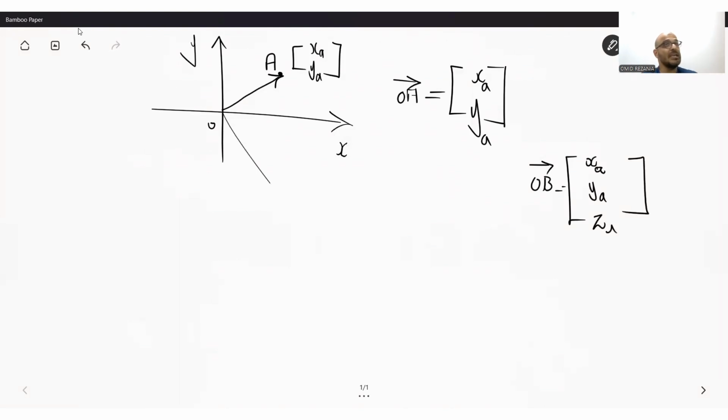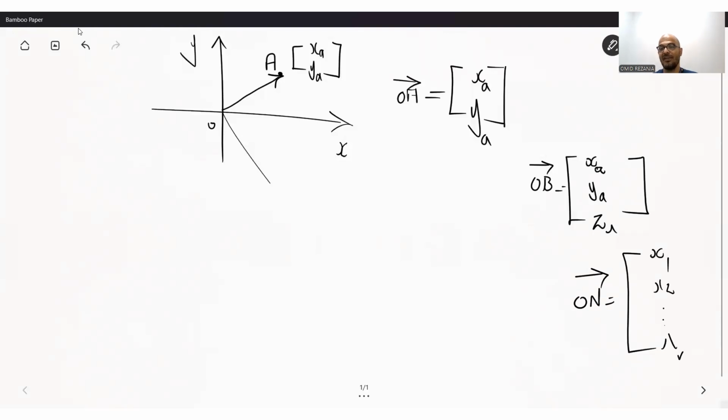Now I can move on and build a vector in n dimensions, which you can call ON, as a vector which comes with x_1, x_2, all the way to x_n, which are the dimensions. This is the concept of the vector. We are not going to spend so much time on it.